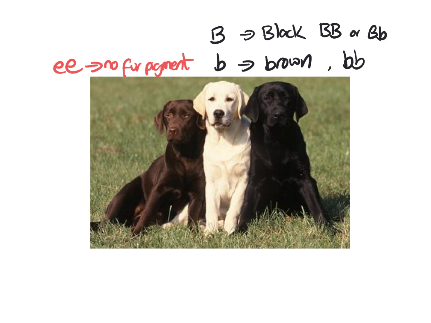If there's no fur pigment, then you only notice the pigment in the skin, which means those retrievers are going to be yellow. They're going to be golden retrievers. If, however, in the epistatic gene, it's either homozygous dominant or heterozygous, then the pigment will matter and the fur colour will be determined by the allele for the B's, capital B or a lowercase b.